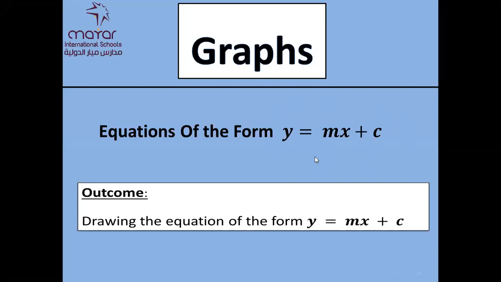Why do we need this equation, and what is that equation? It's actually the equation that we call linear equation. What do we mean by the linear equation?